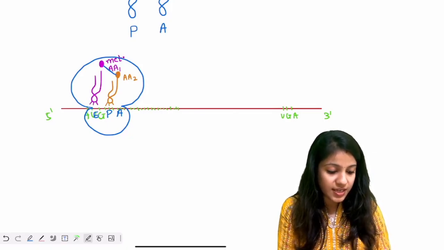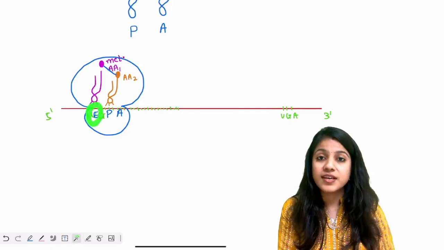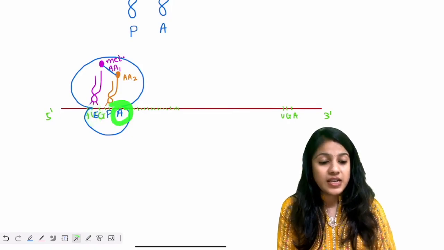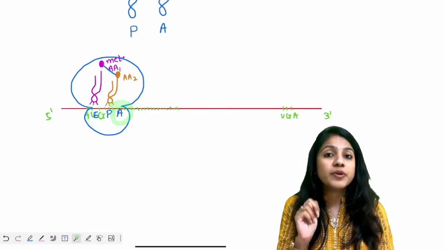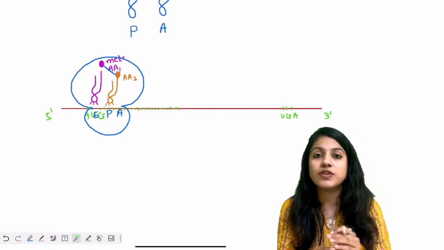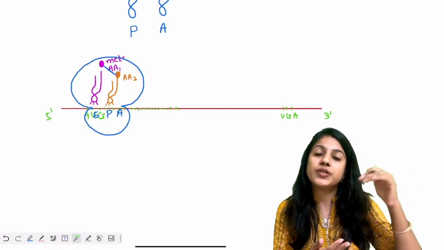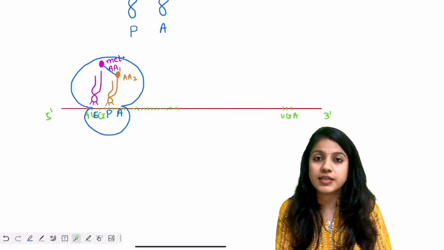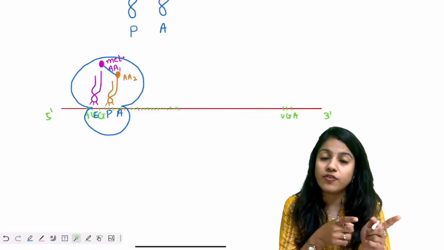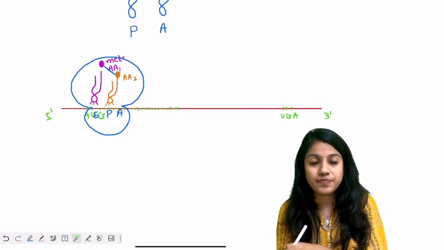Now this tRNA came on which position? E position. Now which chair is vacant? The A chair is vacant. Now every time E and P will be occupied, the ribosome will move further. Every time the A position gets vacant, a new tRNA will come on the A site. That means every time the ribosome is moving forward, the position of the tRNA is getting shifted, right?